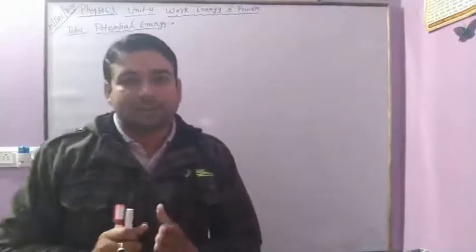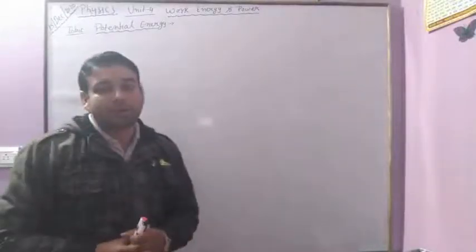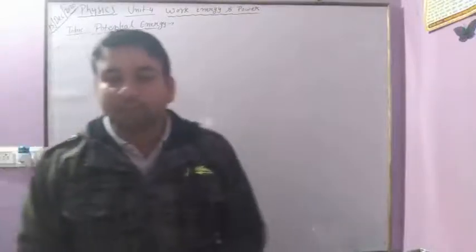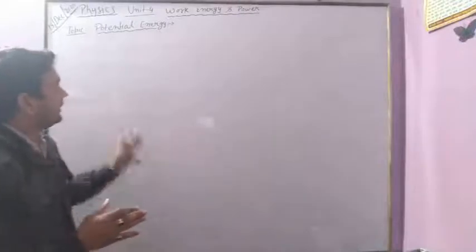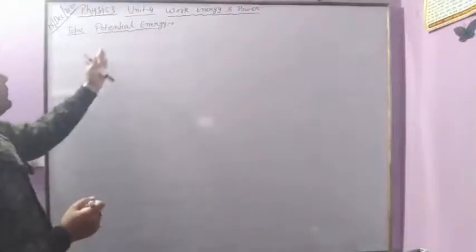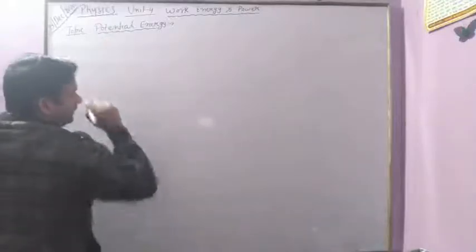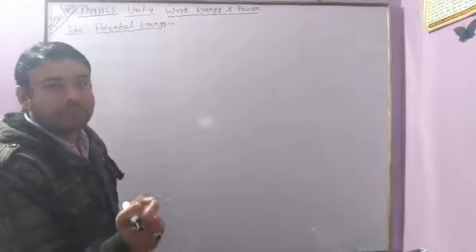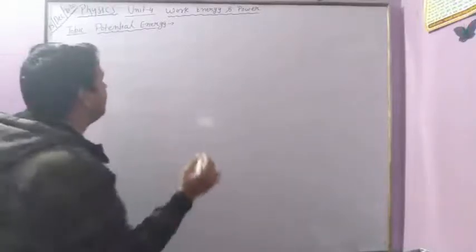Students, in class 11 physics, unit 4, work, energy and power, our next topic is potential energy. In the previous lecture I explained what potential energy is. Here, potential energy is used for locational, configurational and positional energy.